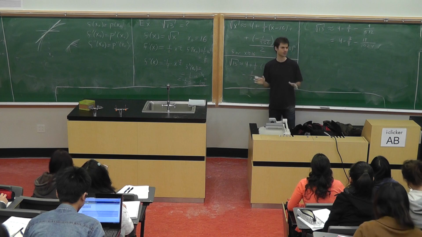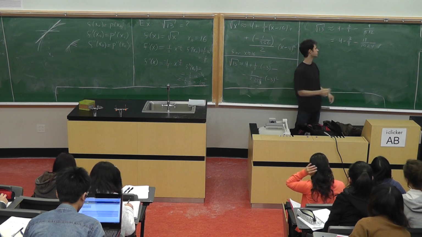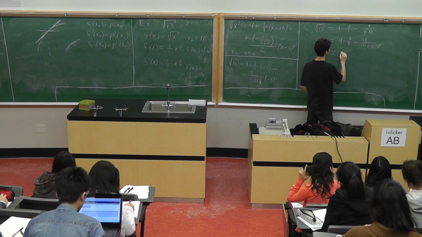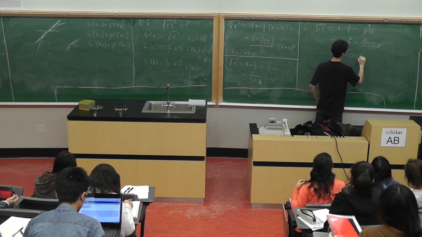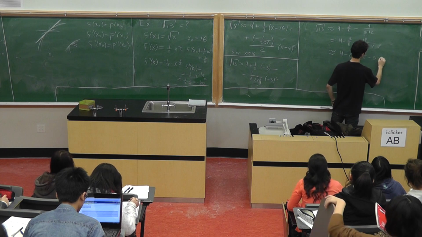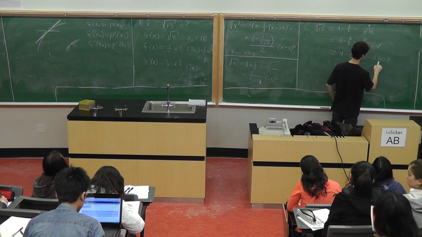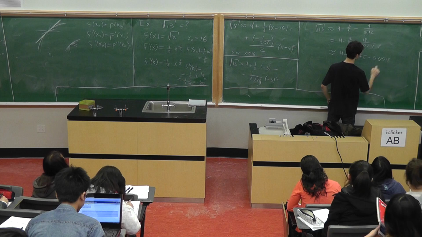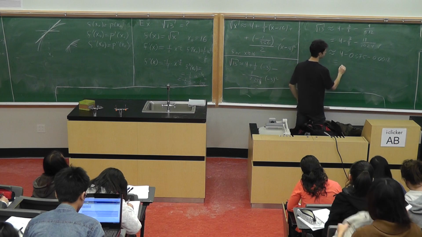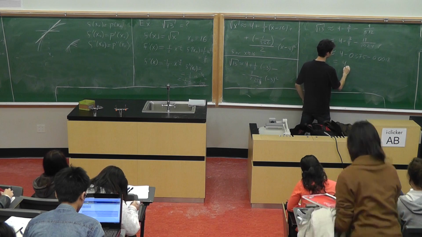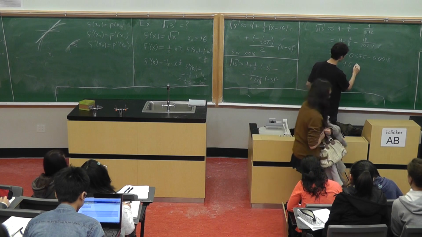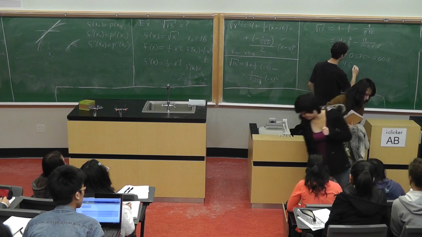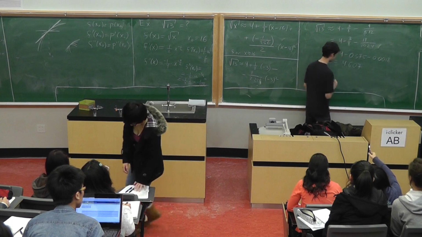And now 1024 is about 1000. So that's approximately 4 minus 0.375 and minus 0.0018.